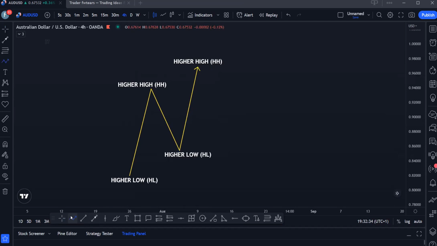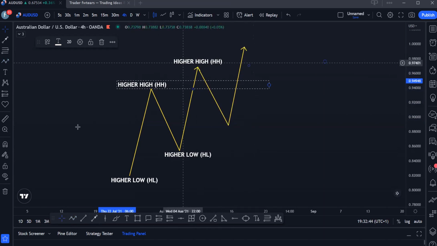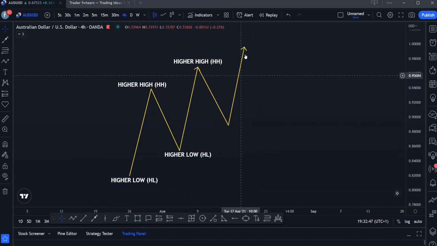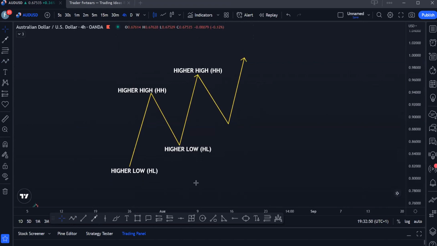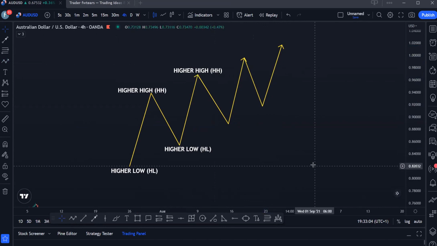When price keeps creating higher lows, like so, to create a new higher high, okay, that's how you know that an uptrend is continuing in its bullish momentum. All right, so price can retrace again, can correct to form a higher low and then form a higher high. When an uptrend keeps creating new highs, we say that the market is continuing in that uptrend.